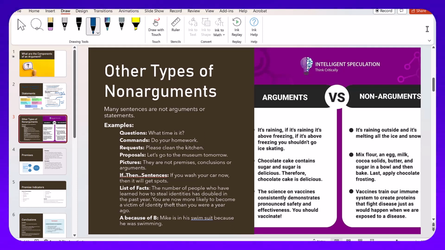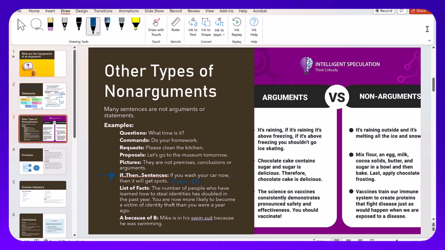Another one is if-then sentences. If you wash your car now, then it will get spots, for example, that we have here. These if-then sentences can sound like arguments, and in fact can sometimes be a premise to an argument. So this one can get tricky, because you can see these in a premise of an argument.